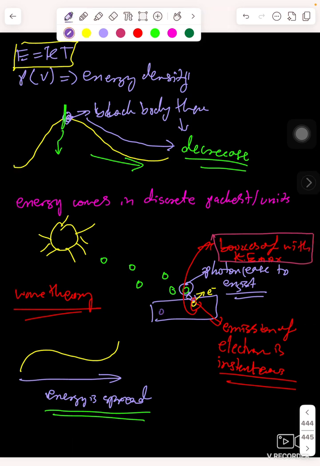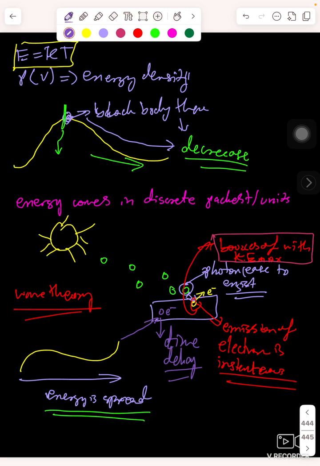it would take a lot of time for the electron to be released if this energy is given to this electron, right? Time delay. That's one more factor which goes along with the energy spread. Energy is distributed all over the wave, which shows that it would take a lot of time for energy to be transferred to the electron, causing a time delay.